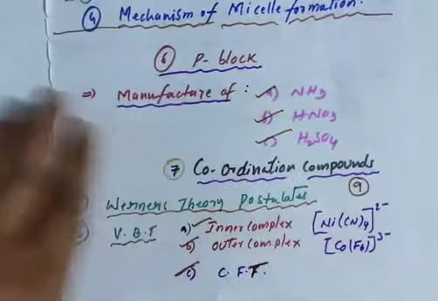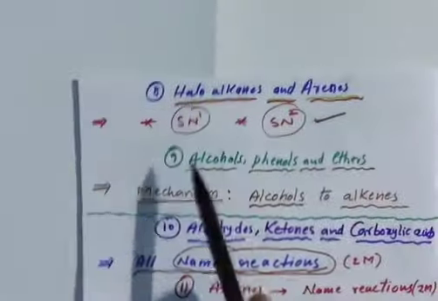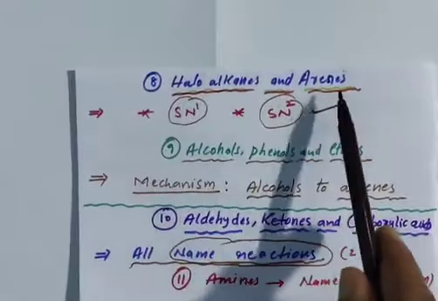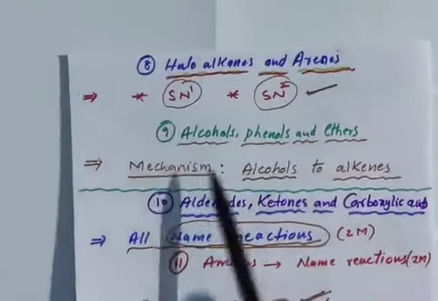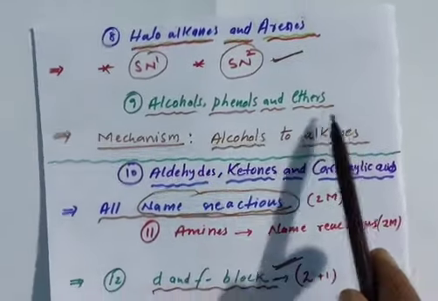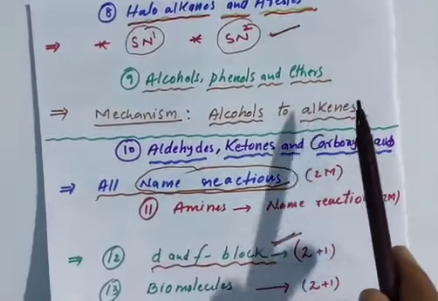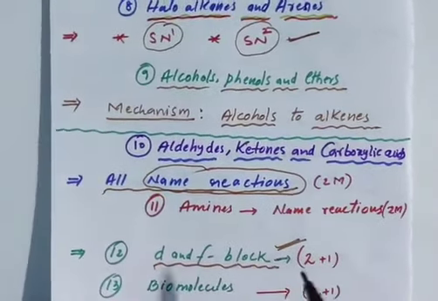These 7 are very important for 3 marks questions. And in organic chemistry, from haloalkanes and haloarenes, SN1 and SN2, and from alcohols, phenols and ethers, the mechanism of alcohol to alkene. Only these have the chance to get 3 marks.